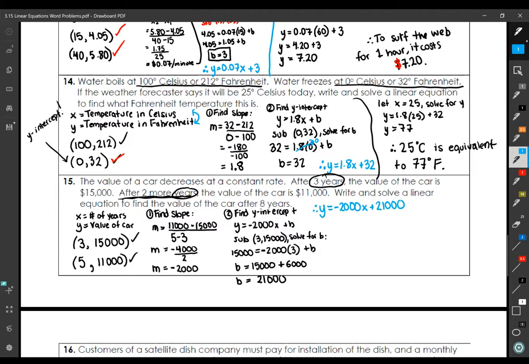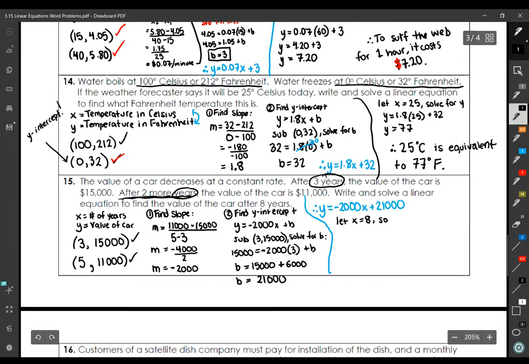Okay, and I want to find the value of the car after 8 years. So they're giving us x and they want us to find y. So what we're going to do is let x equal 8 because we want to know the value after 8 years. So we get negative 2,000 times 8 plus 21,000.